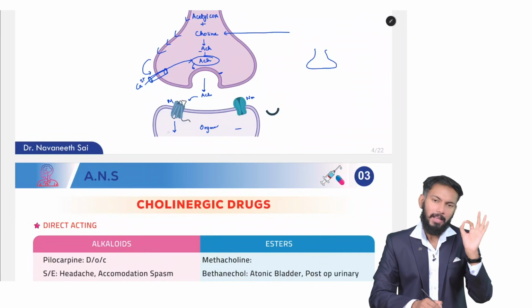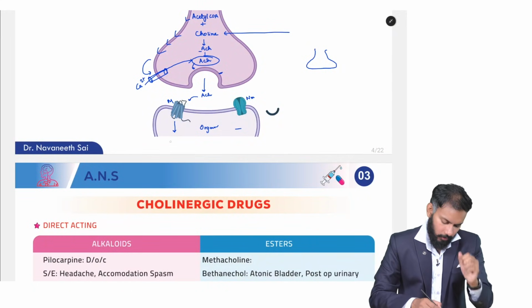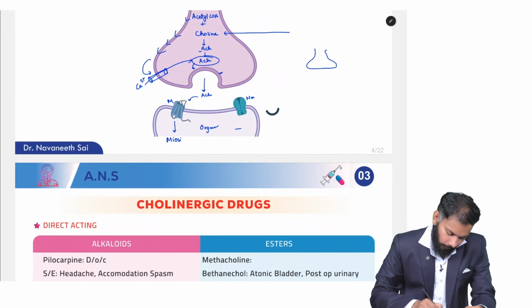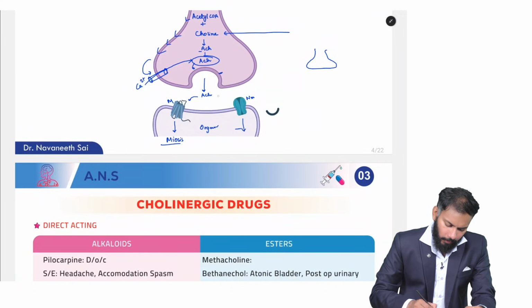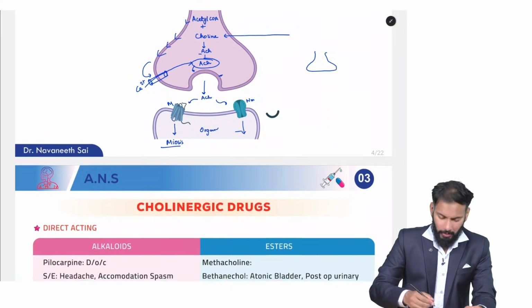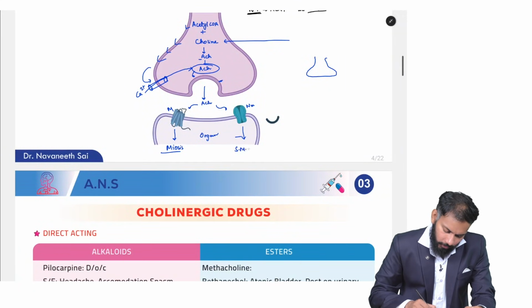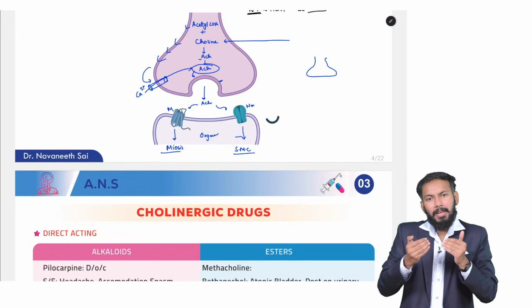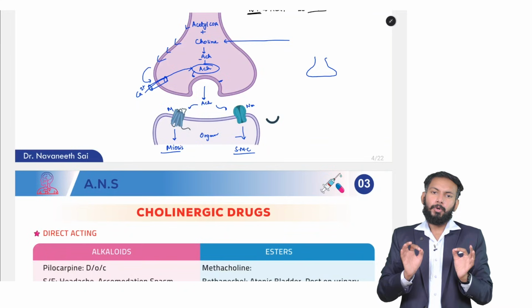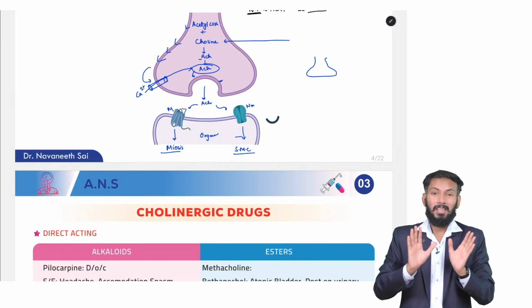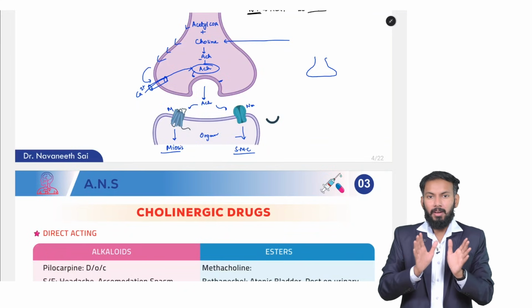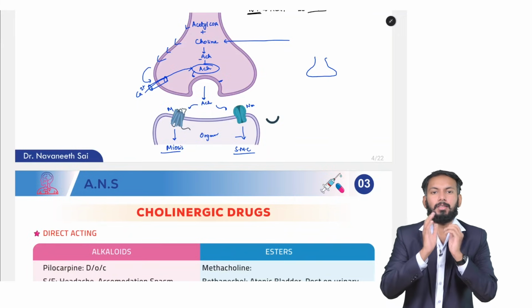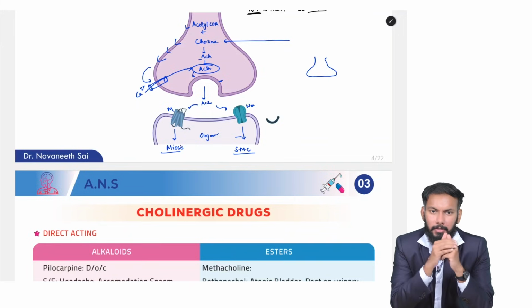I have already told you, the parasympathetic nervous system in the eye causes miosis. Now, if acetylcholine binds to the NM receptor, it will cause skeletal muscle contraction. So, did you understand this much? The neurotransmitter has to act on the receptor to produce the functions. So this is how in the body the functions are generated by our nervous systems.